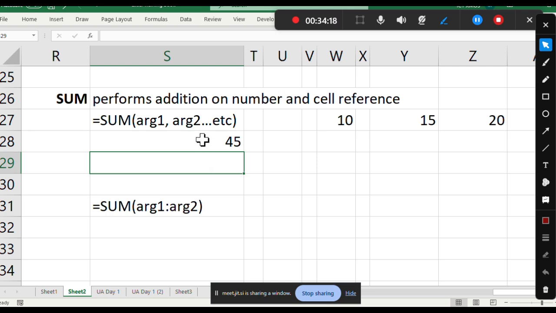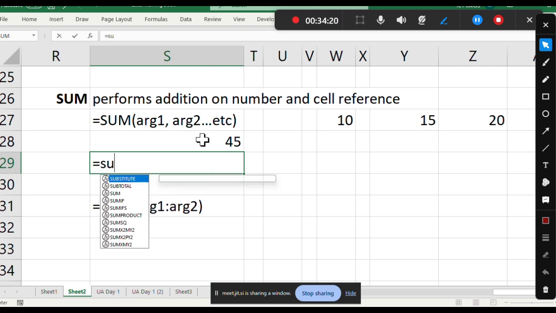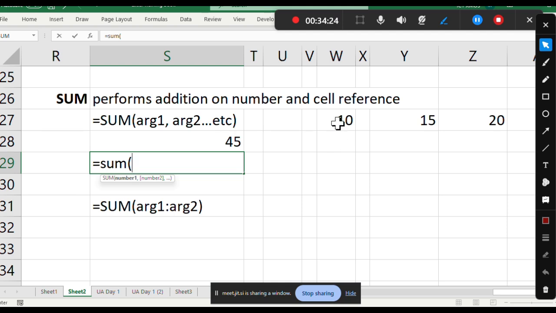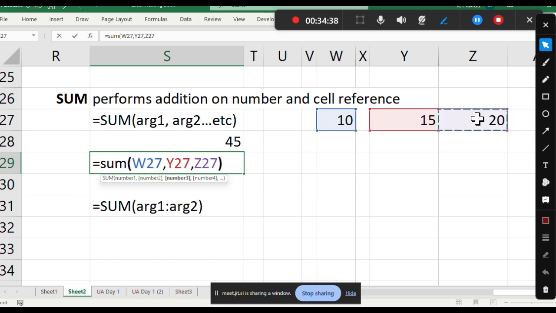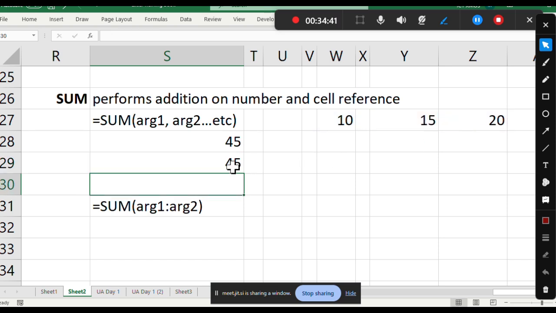You say equals to sum, the cell reference, W27, comma, then click on the next one, Y27, and the last one, Z27. You close the bracket. What does it give you? 45.